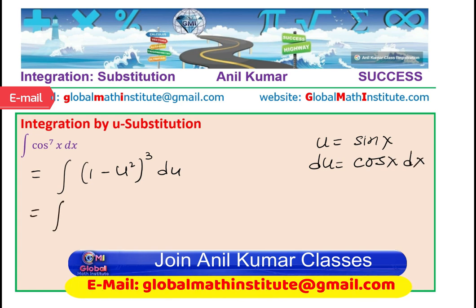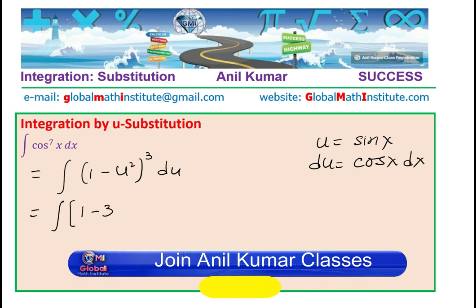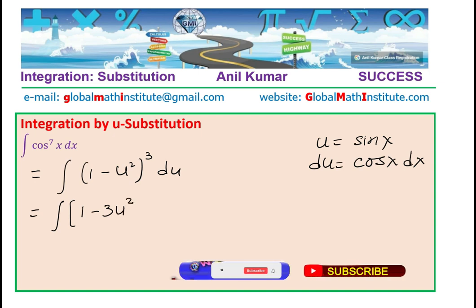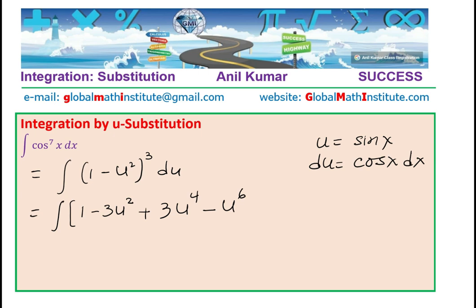And expanding, we know what we get? 1 minus 3u square, plus 3 times 1 times the square of this, which is u to the power of 4, minus the cube of it, which is u to the power of 6, right? So that is what we get.